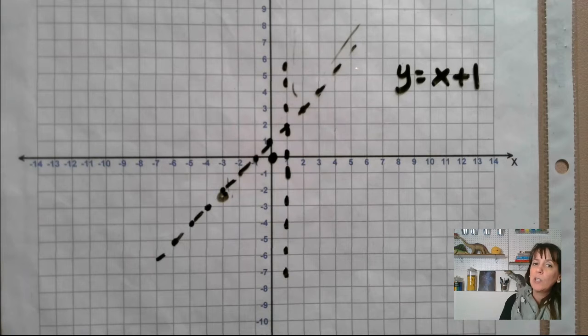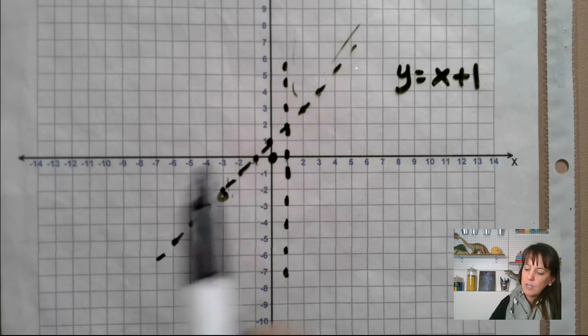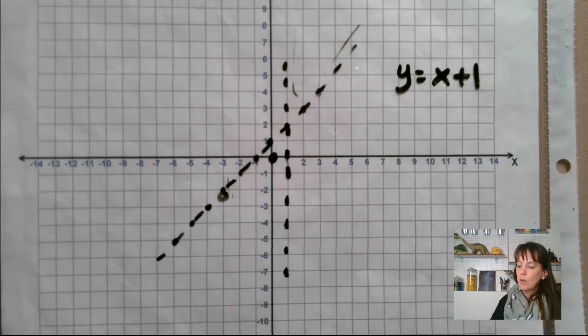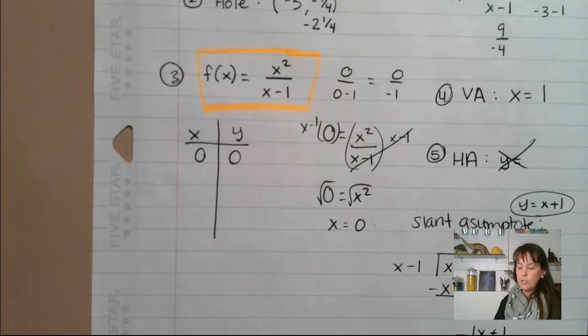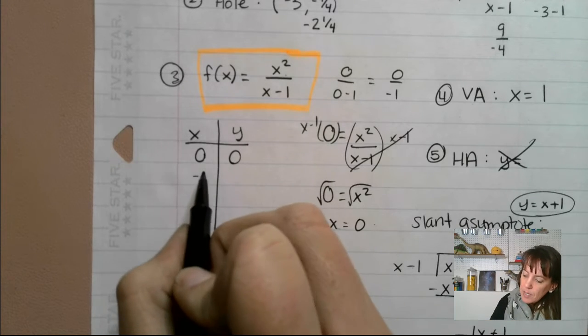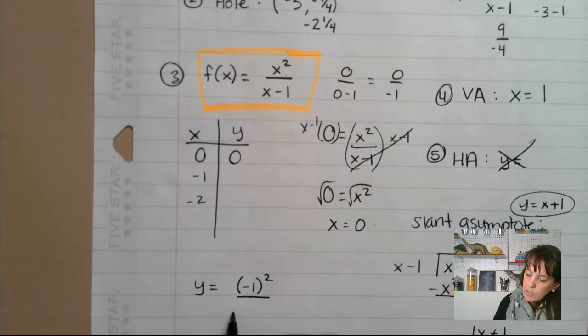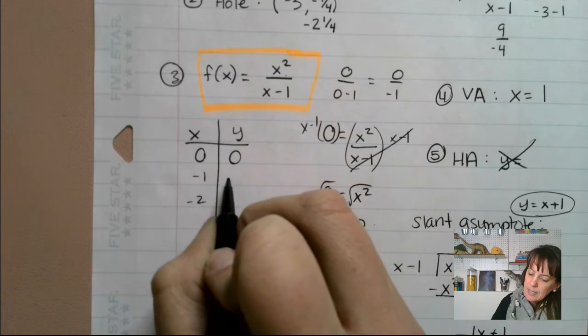At this point, what you want to do is just plug and chug. So for my XY chart, if I did -1, what would I get? If I did -2, what would I get? So I'm going to swap back over here. Let's do -1 and -2. If I plug that in, I get y equals -1 squared over -1 minus 1. So that's going to give us 1 over -2, that is -1/2.